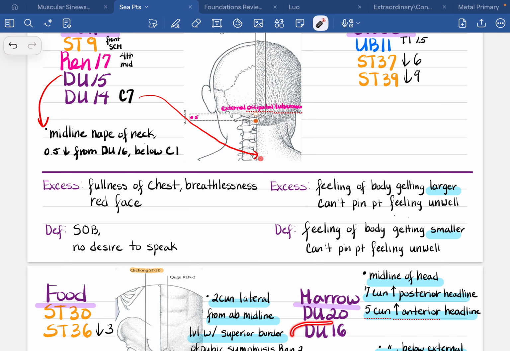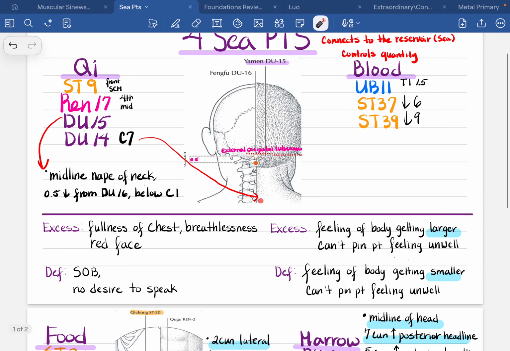Because we know that Du 16 is right below the external occipital protuberance, but Du 15 is what? 0.5 soon below Du 16. If you see the picture right here. And it's at C1. And then we have Du 14, which is below C7.